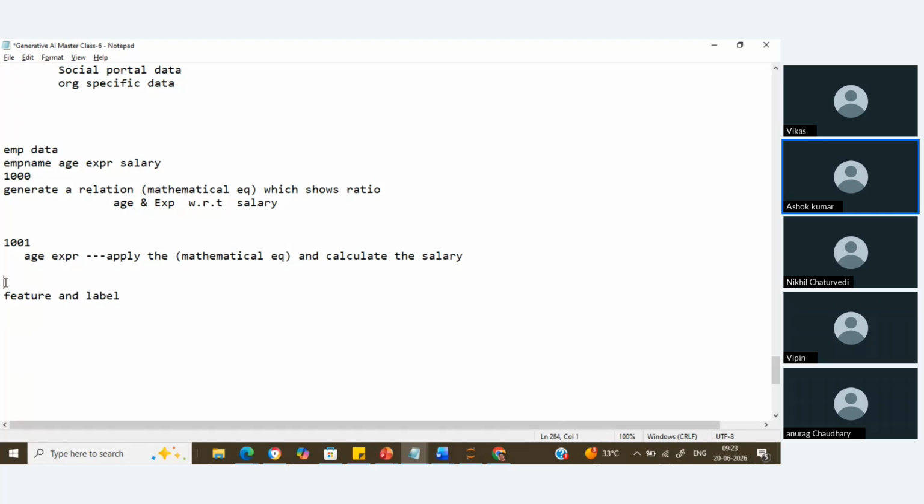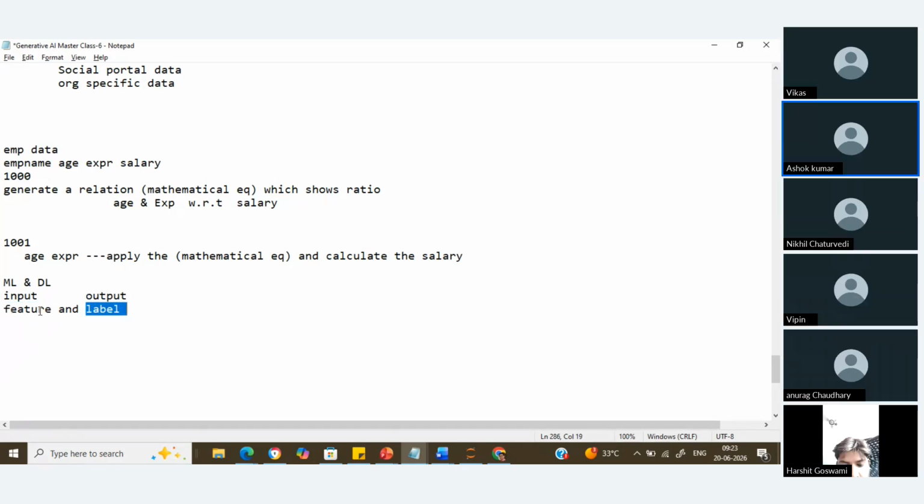So feature is nothing but the input, and label is nothing but the output. What I'm willing to say here is that inside machine learning and deep learning, we have input, which is known as a feature, and output, which is known as a label.